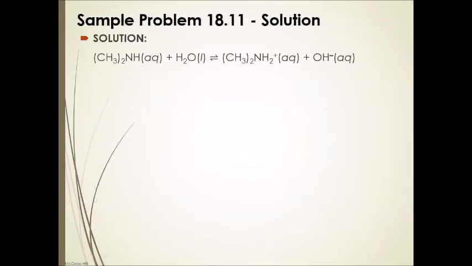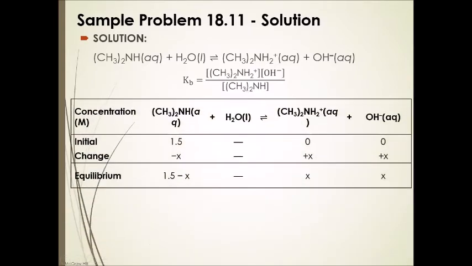Okay, solution. We write the balanced equation first. Then we write the Kb expression from that. Then we have the reaction table. We know the concentration is 1.5 molar at initial. When this dissociation occurs, at initial the concentration of the ions is 0. Alright.